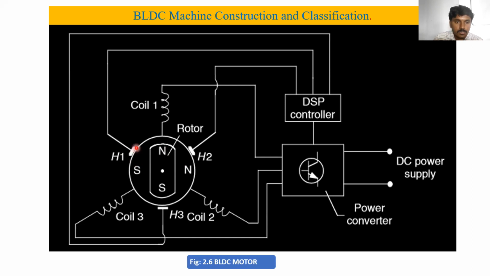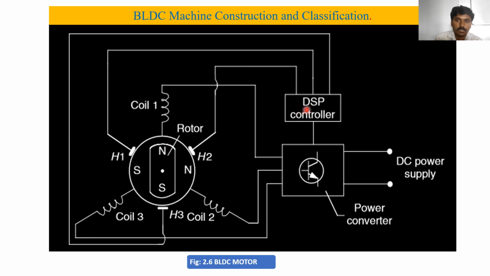So these position sensors or Hall sensors will sense the position of the rotor circuit, and this information is given to the DSP controller.